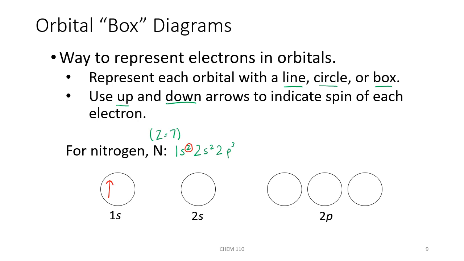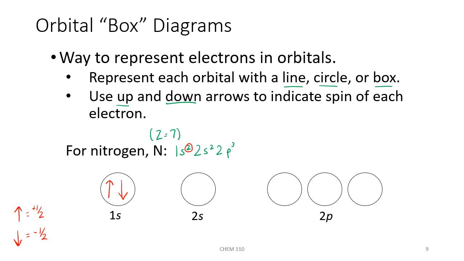That represents an electron with a spin of plus 1/2. And then we would draw another electron with an arrow pointing down. That down arrow represents an electron with a spin of negative 1/2. So now our 1s orbital is filled and the electrons have their spins paired, or one is going clockwise and one is going counterclockwise. In this example, I used circles to represent my orbitals.